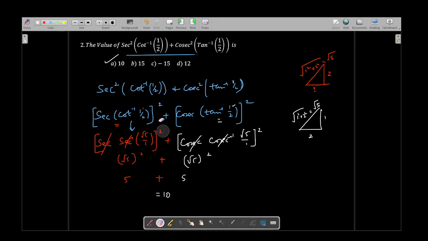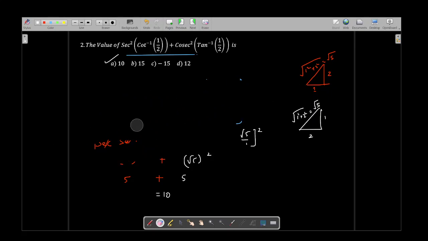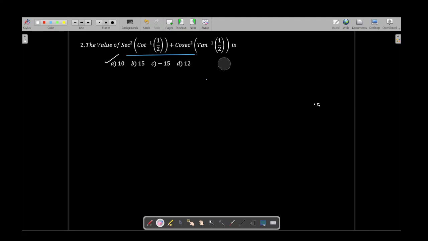What I can do here is use secant square x is 1 plus tan square x, and cosecant square x is 1 plus cot square x. So I'll use the same thing here.